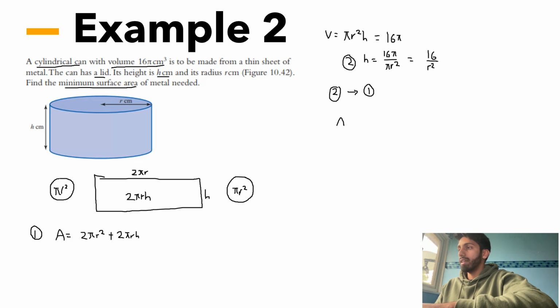Now we have A is 2 pi r squared add 2 pi r, and we're going to replace the h with our new result, which is 16 over r squared. So hopefully you can see that our first step is to try and eliminate that annoying letter, which in this case is the h.